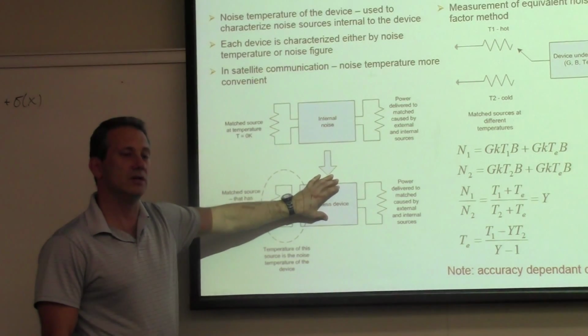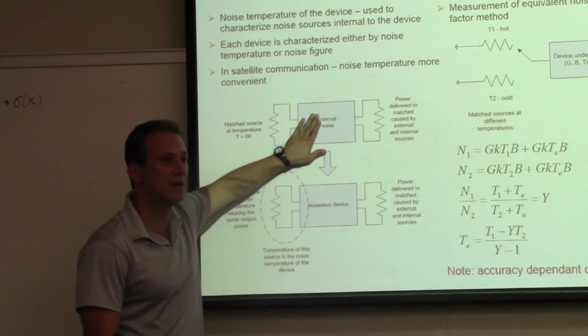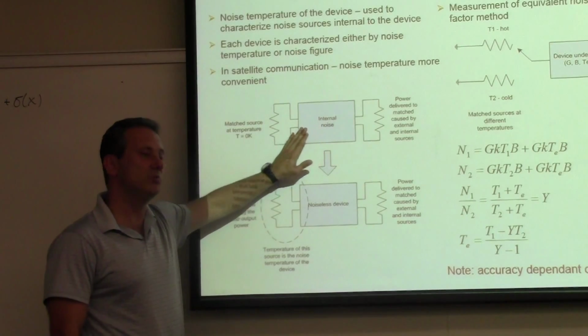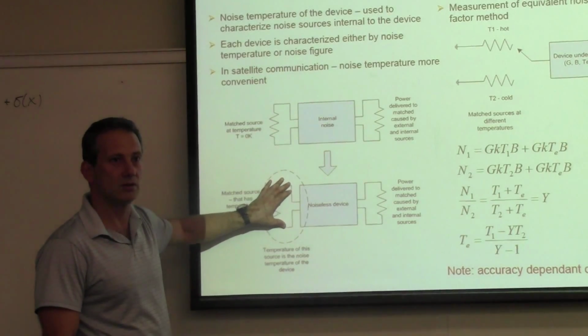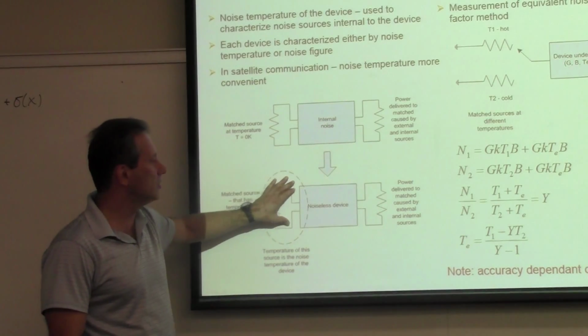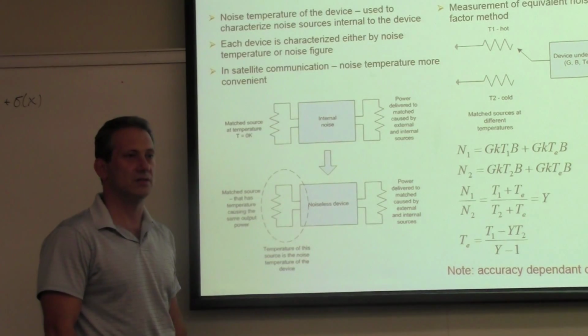So in reality I have some noise generated inside this device. What should be the temperature of an equivalent matched load, or source rather, that would give me the same noise power, assuming that no noise is generated in the device itself?